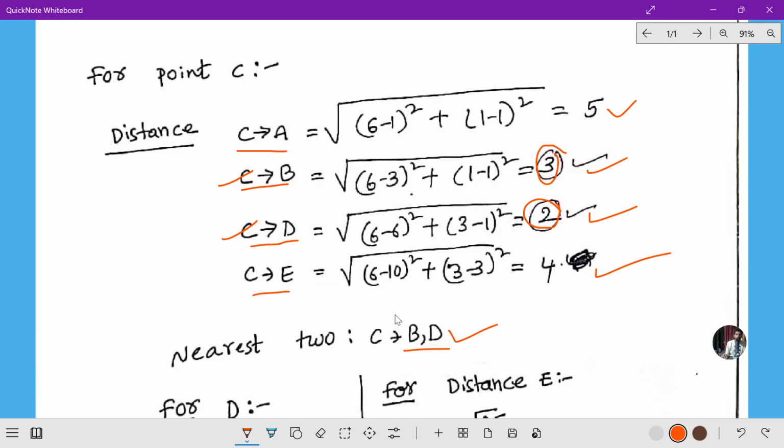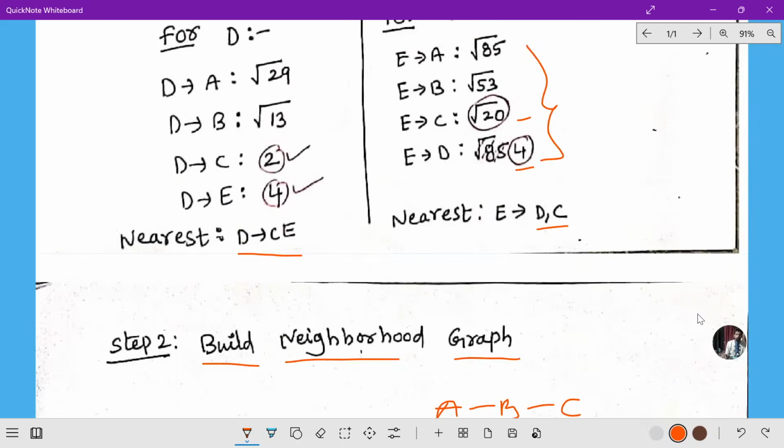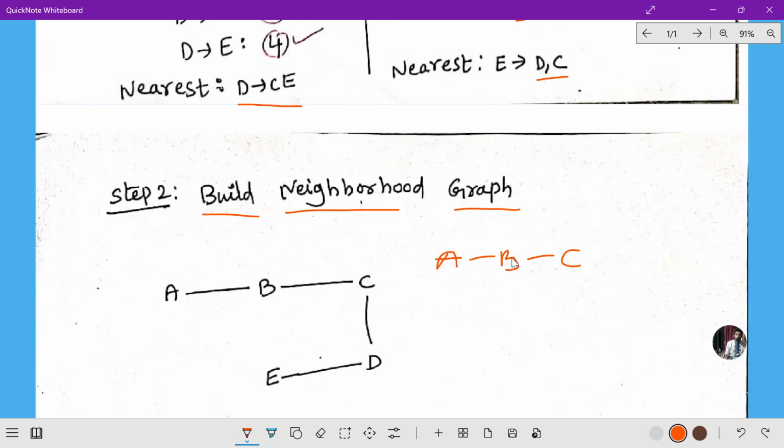But when it comes to C, C is B comma D. So B is already there, so you write D. When it comes to D, D is CE. So C is already there, we write E. And what is this E?